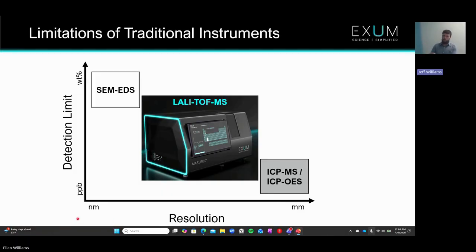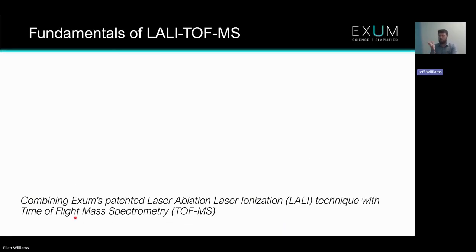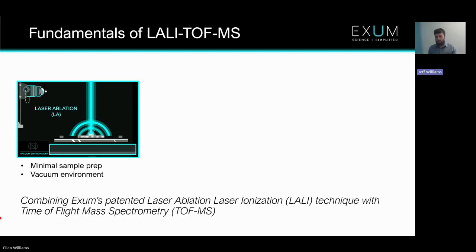So let me talk a little bit about how this works. So what are we actually doing inside of this box? I'm sure a lot of you are familiar, but this is a 2-laser process. First, we do ultra-fast laser ablation. So we bring in a 213 nanometer laser. We're ablating material. We're really focused on trying to make a stoichiometric neutral particle cloud.